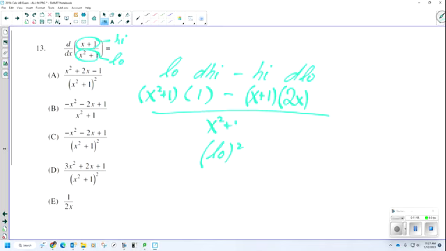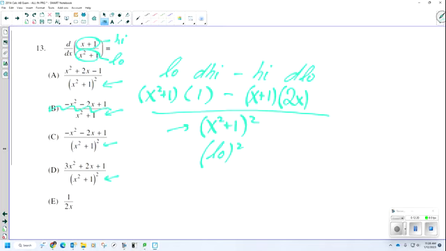Currently, it's x squared plus 1, but I need to square that whole thing. So it looks like all of the bottoms except E have x squared plus 1 squared, which is what I have here. So it can't be B. So it's either A, C, or D, unless there's some sort of algebraic reduction here.